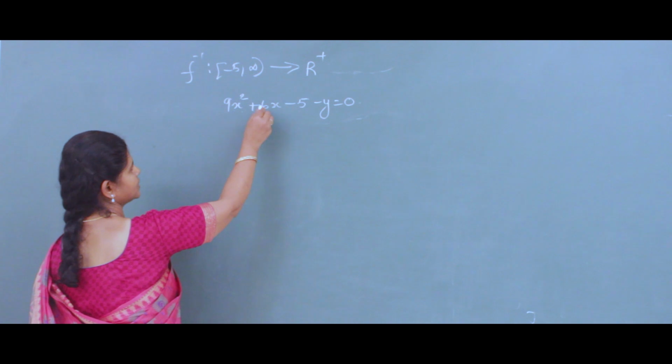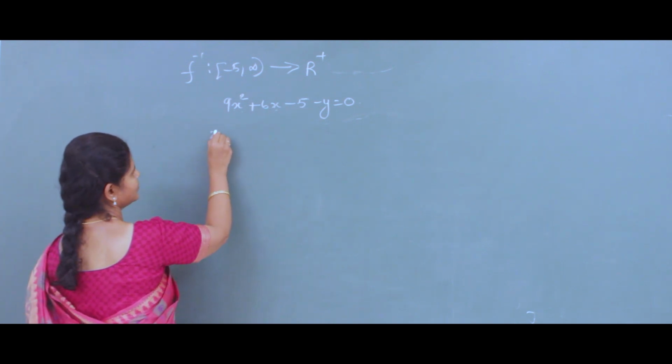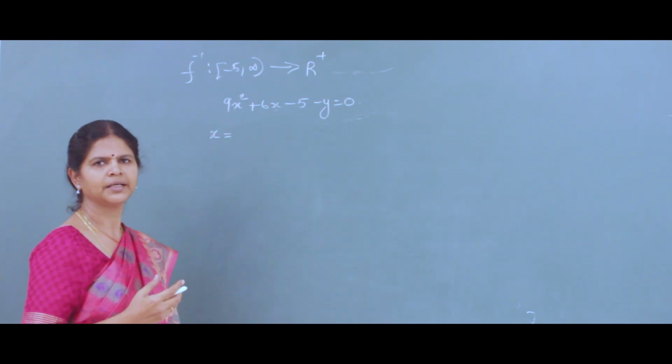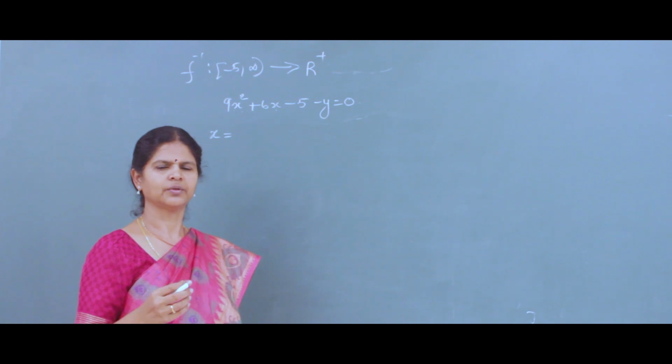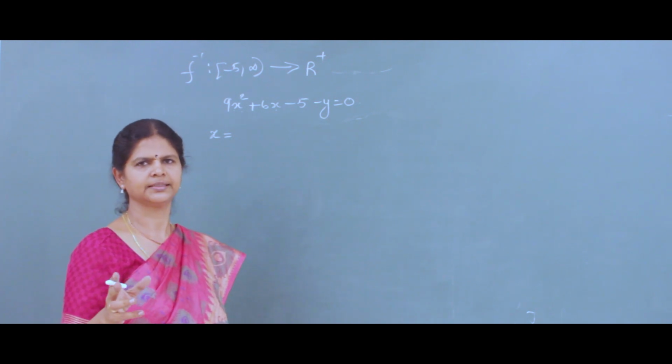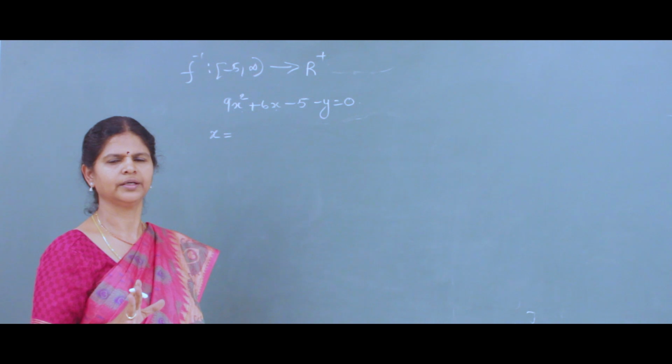It is a quadratic equation in x. So what is your x value? x is equal to minus b plus or minus square root of b square minus 4ac, divided by 2a. You know the formula for a quadratic equation.